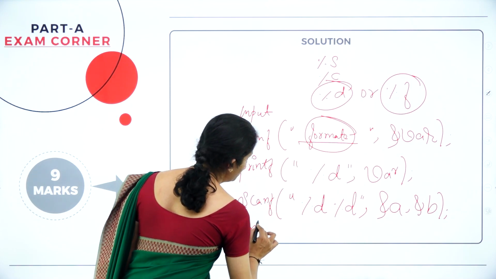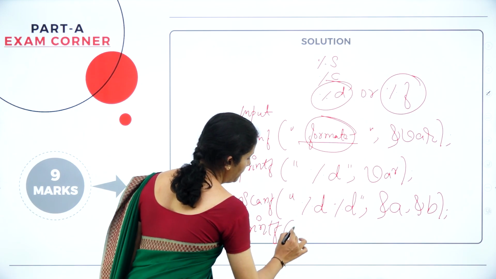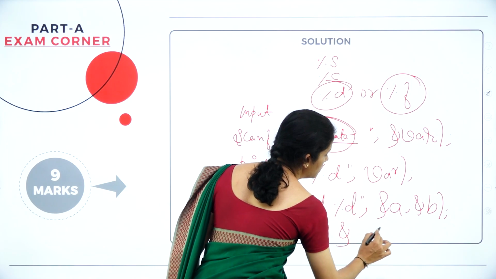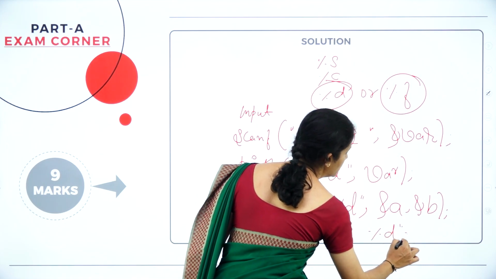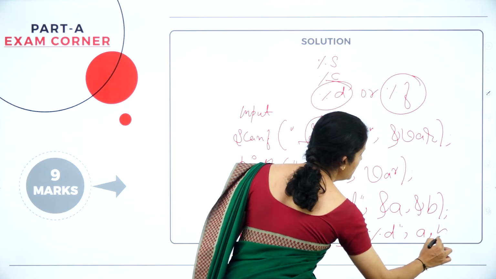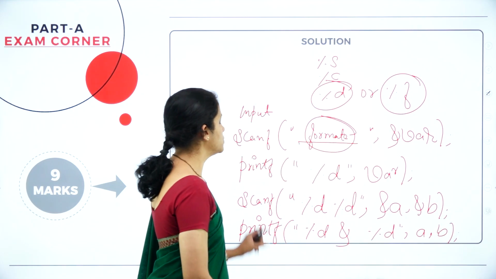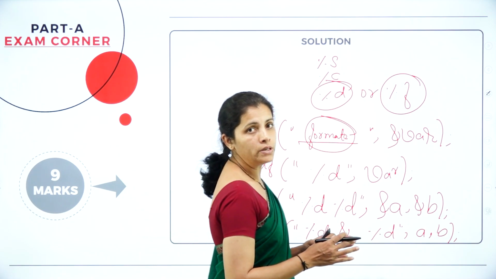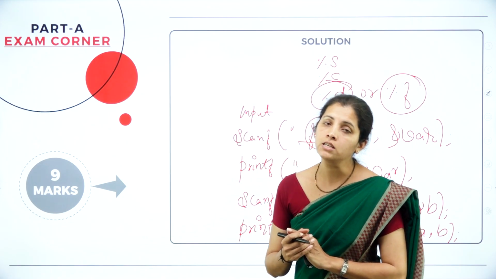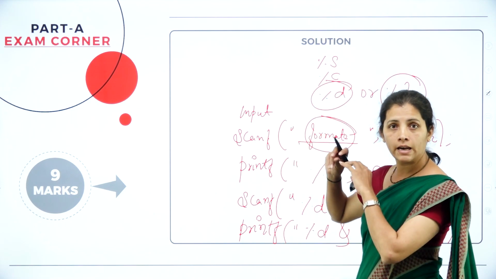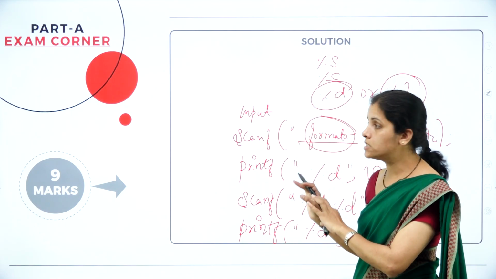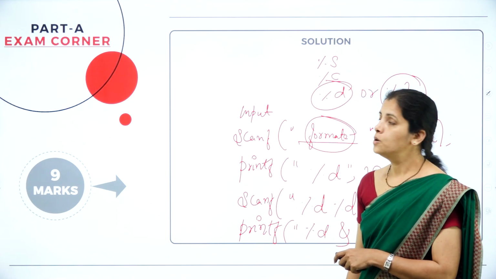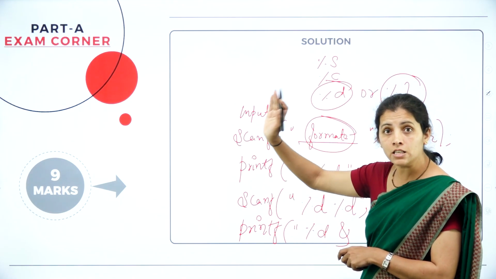Then the output format specifier, printf, percentage d percentage d, a, comma, b. So these are the examples for format specifier. So dear student, first start with what is a format specifier, then write the syntax, then write the example. This question carries 9 marks.